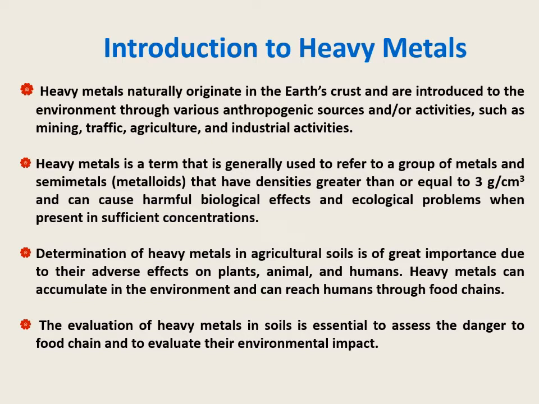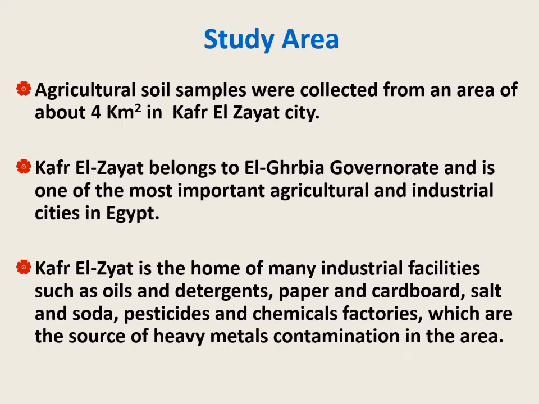The evaluation of heavy metals in soils is essential to assess the danger to the food chain and to evaluate their environmental impact. Study area. Soil samples were collected in Kafr Zayat city.